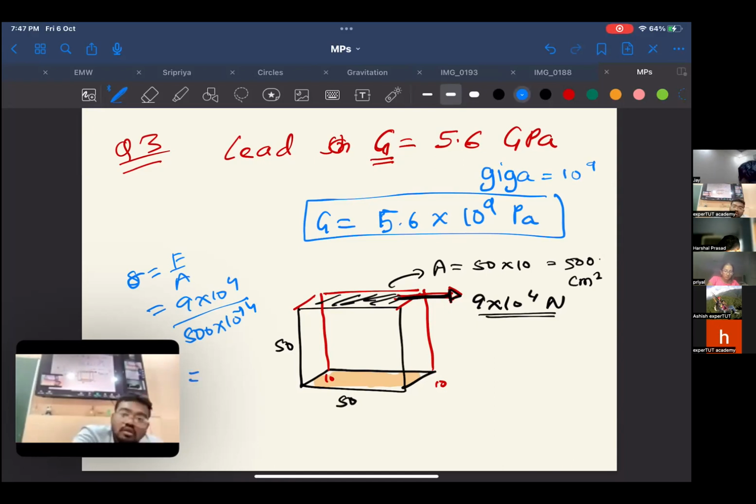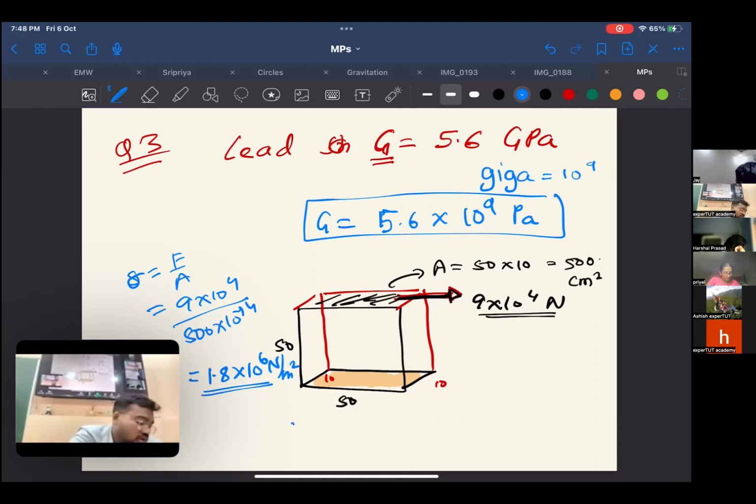Stress will come 1.8 into 10 power 6 Newton per meter square. Sorry, this sigma, stress, is this.